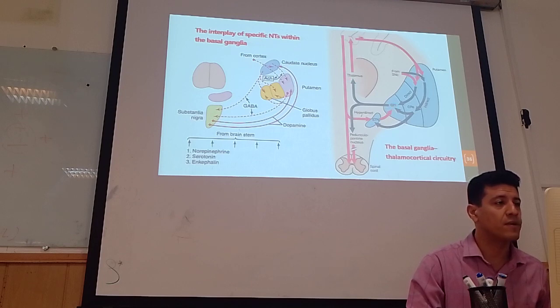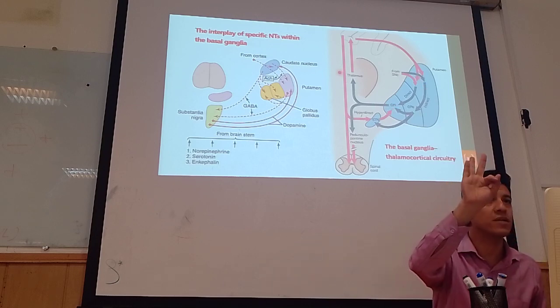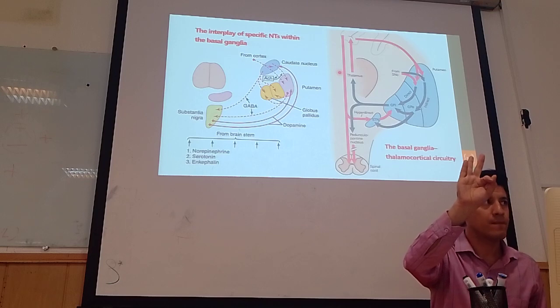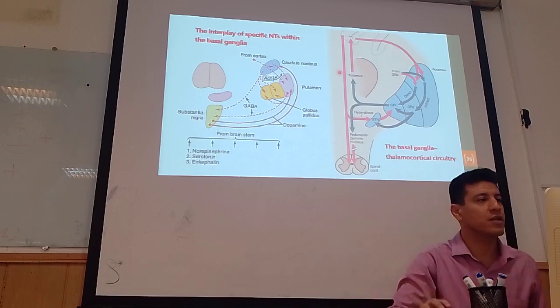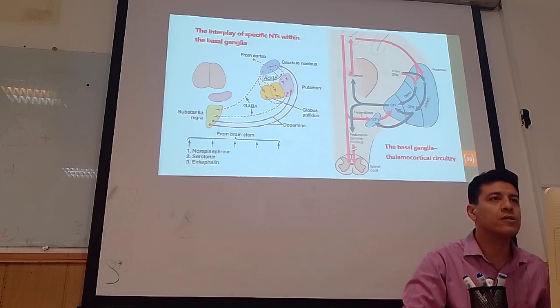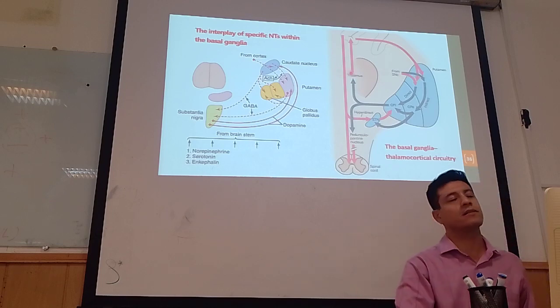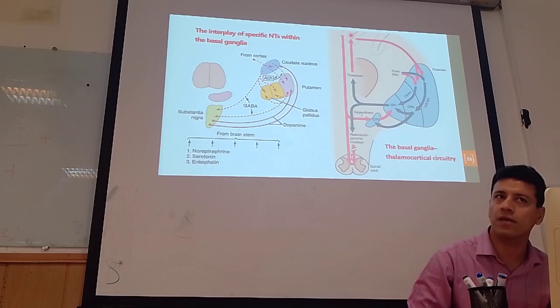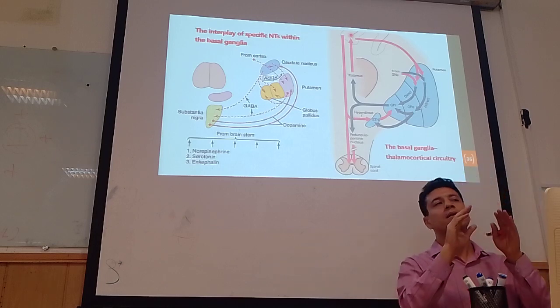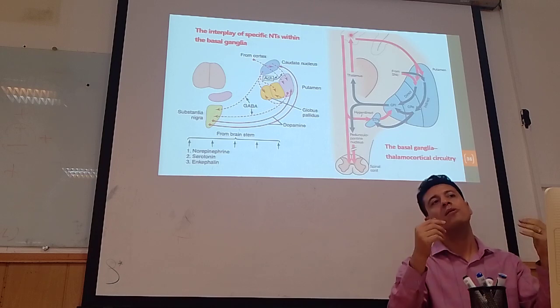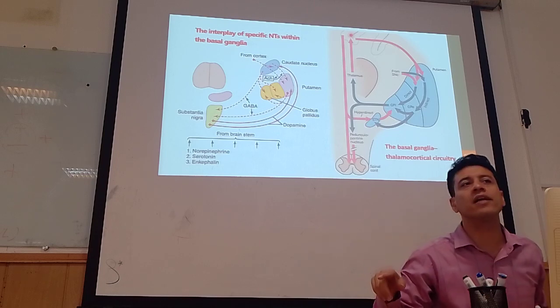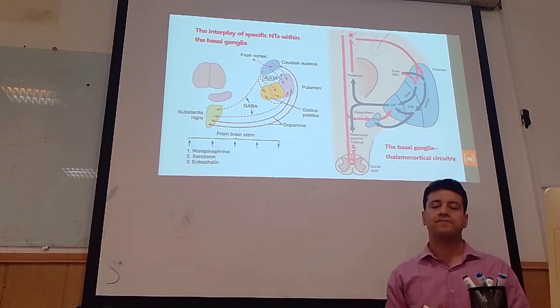So you have excitation, then three inhibitions. The overall result will be inhibition. So thalamic neurons are inhibited. They cannot activate the cortex. The result is decreased activation of the cortex. So the indirect pathway is generally inhibitory.